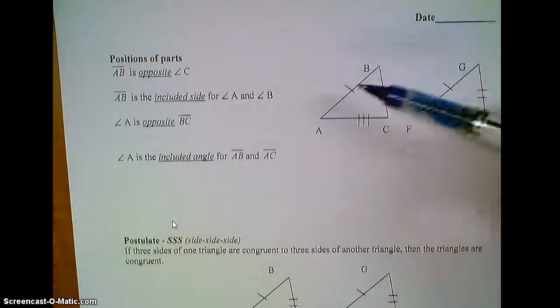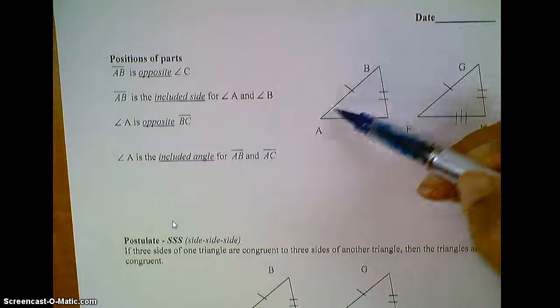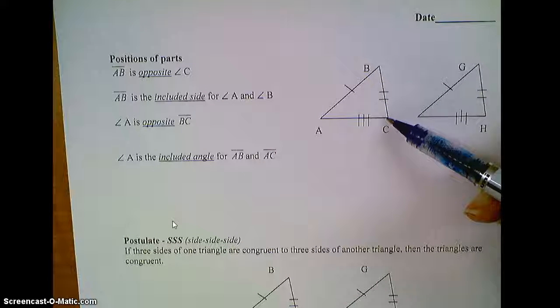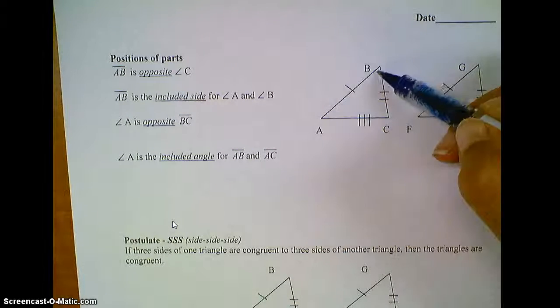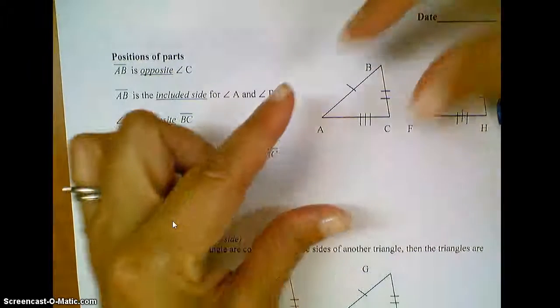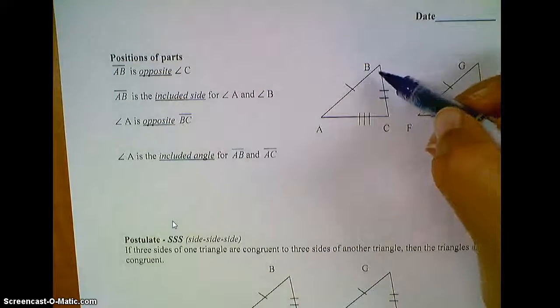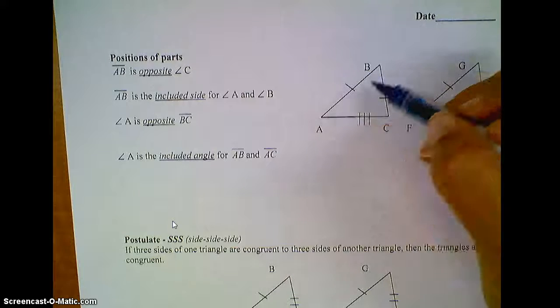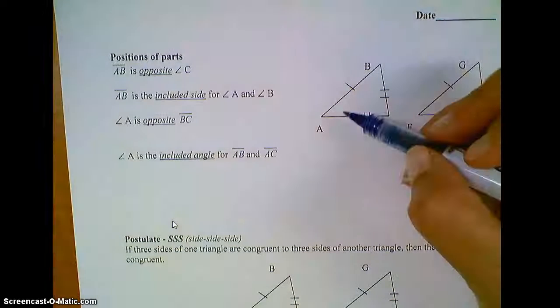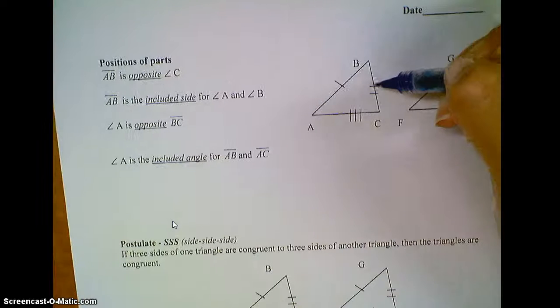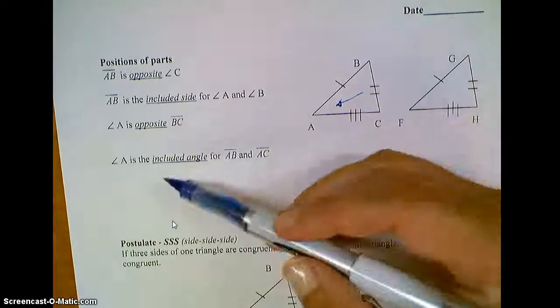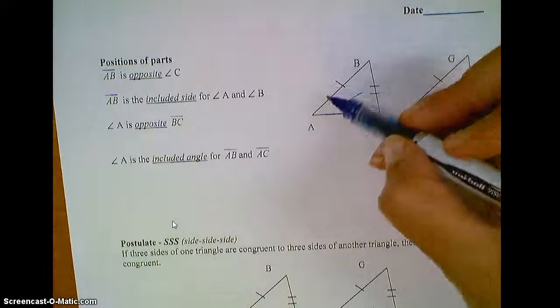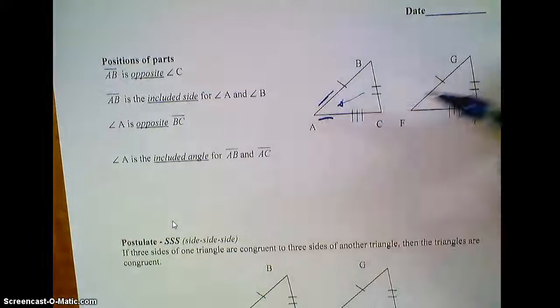In this picture, we can see that segment AB is opposite angle C. We can also see segment AB is called the included side for angle A and angle B because it's actually hugging those two, being hugged, I should say, by those two angles. We can see in this picture angle A is opposite segment BC, and we can also say that angle A is included by side AB and side AC.